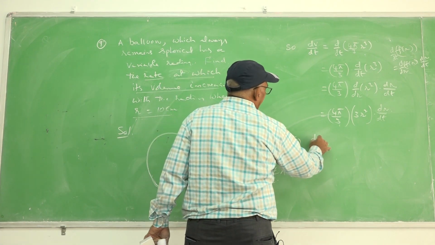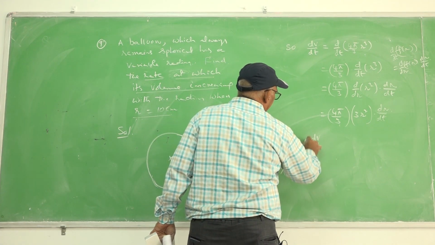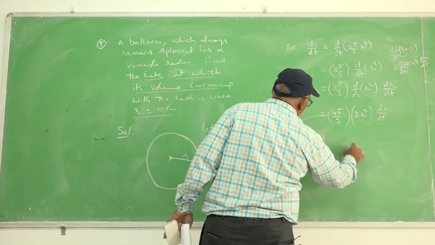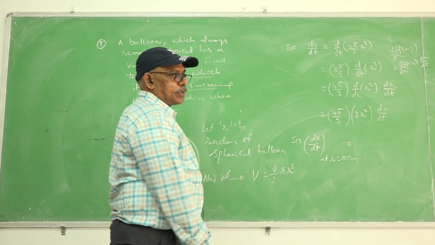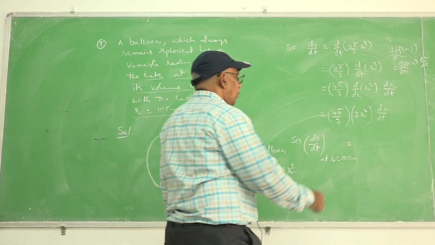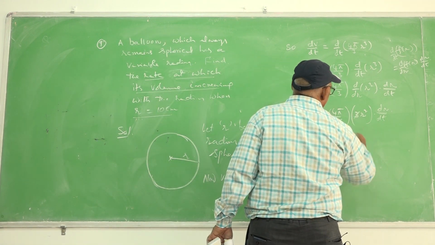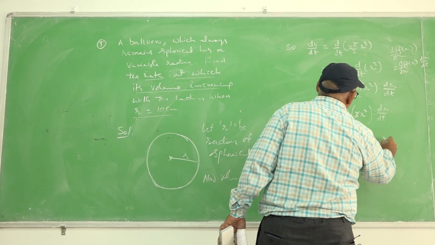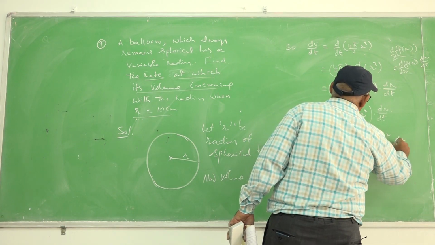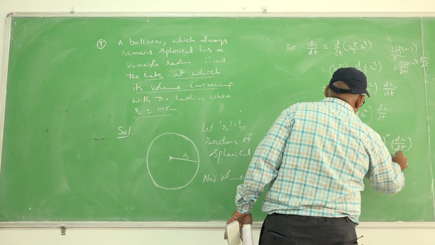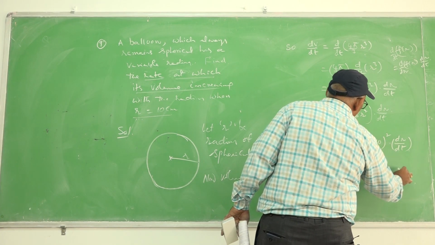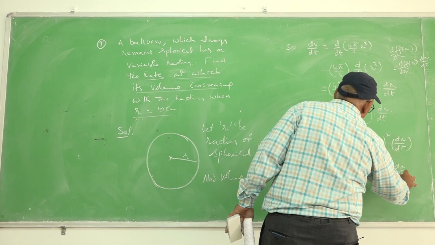So, the rate of change of the volume at r equals 10 centimeters is, 3 cancels, 4 pi r square, whereas r is 10, 10 square into dr by dt. That gives us 400 pi into dr by dt.